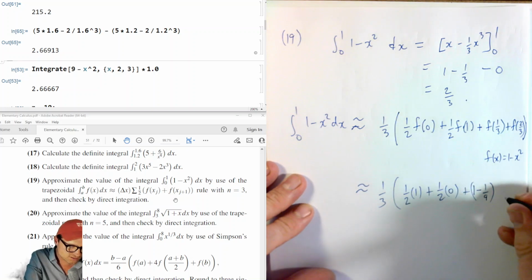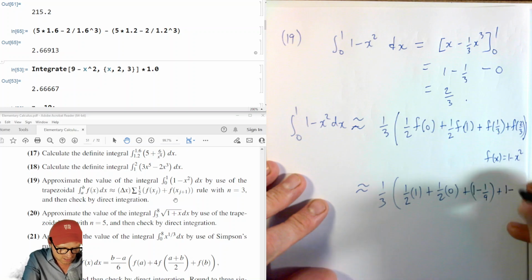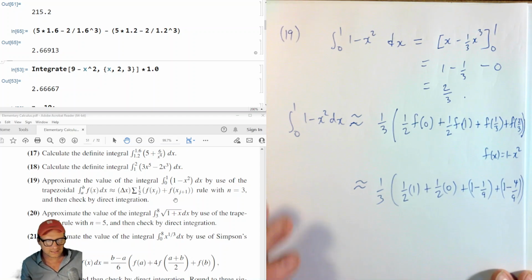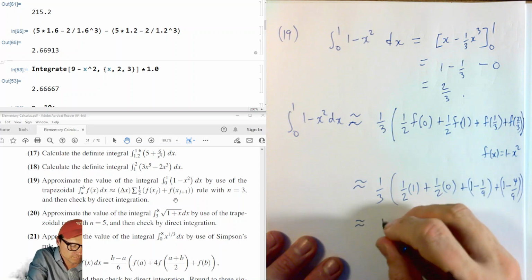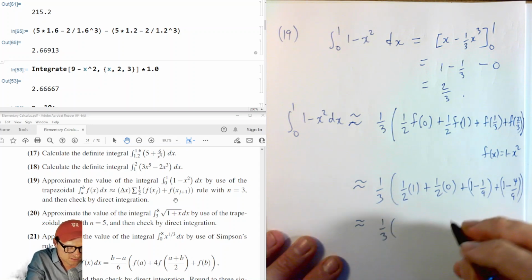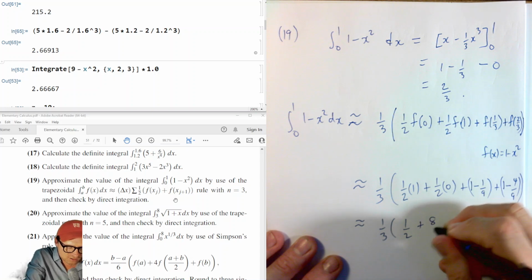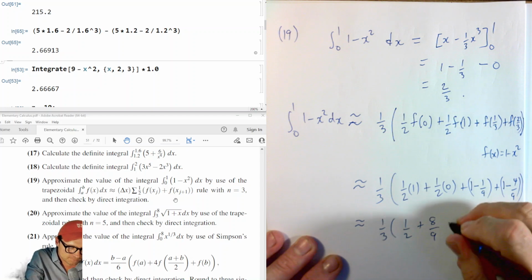F of 2/3 is 1 minus 4/9. Okay, let's simplify this. So 1/3 times 1/2 plus 8 over 9 plus 5 over 9.